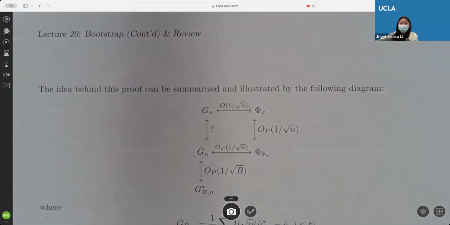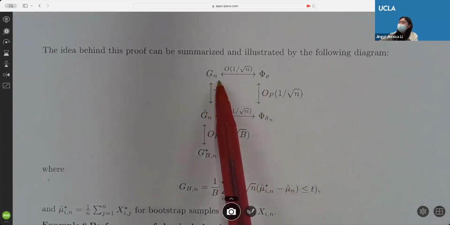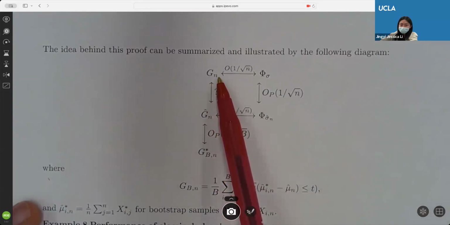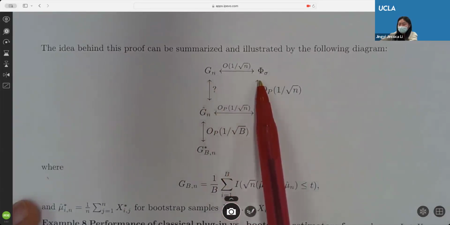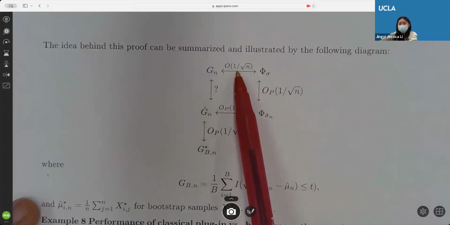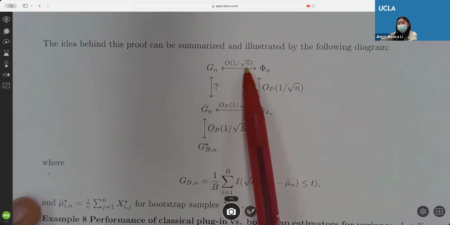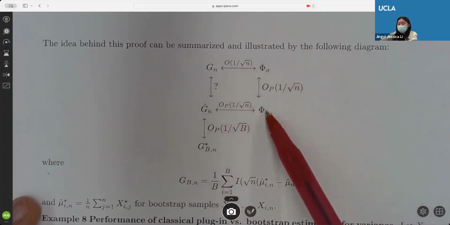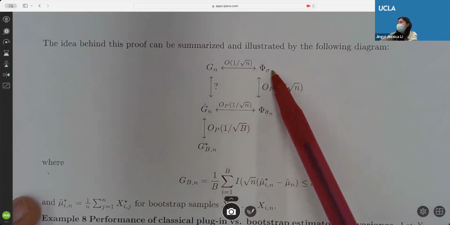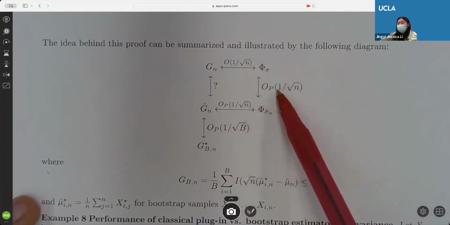The idea behind this proof can be summarized and illustrated by the following diagram. So G_n, the error distribution, is close to the central limit theorem normal distribution by Berry-Esseen, right? And their difference is fixed, it's not random. And these two just differ by σ, whether it's the true standard deviation or the estimator version, and they differ by O_P of 1 over root n.